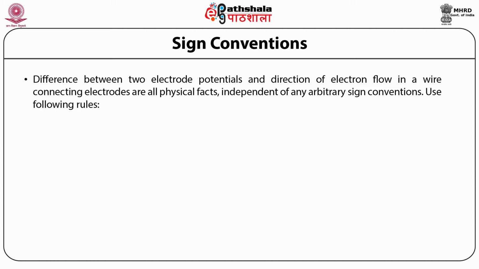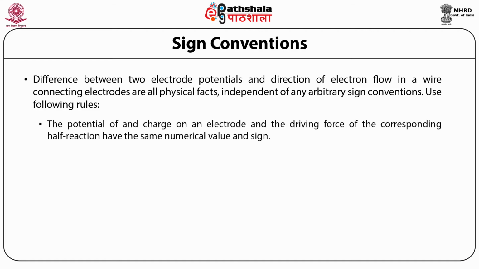Here we shall use the following rules. Number 1, the potential and charge of an electrode and the driving force of the corresponding half reaction have the same numerical value and sign.